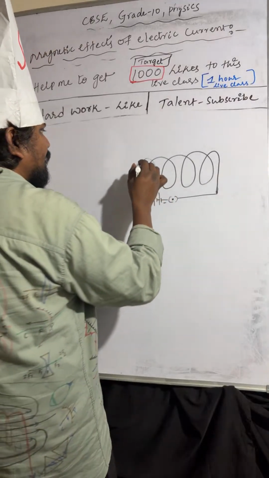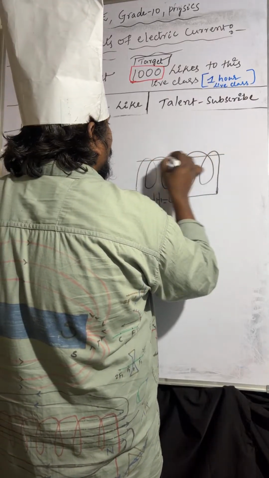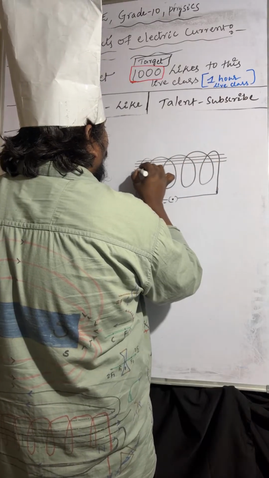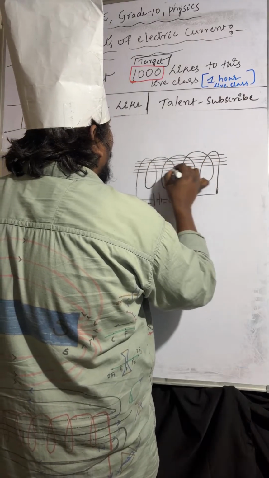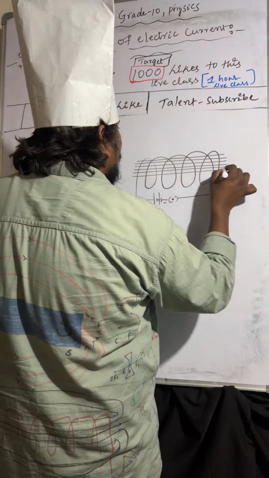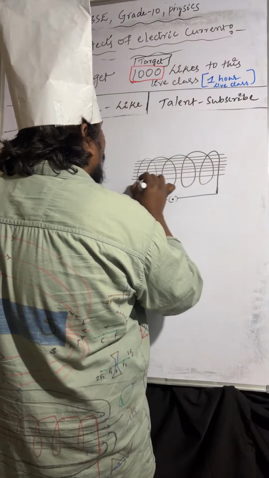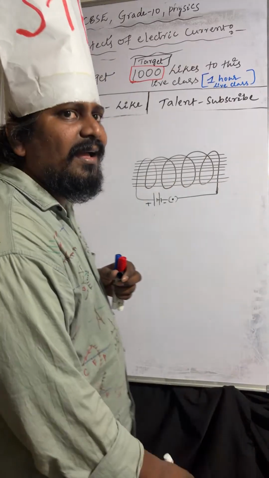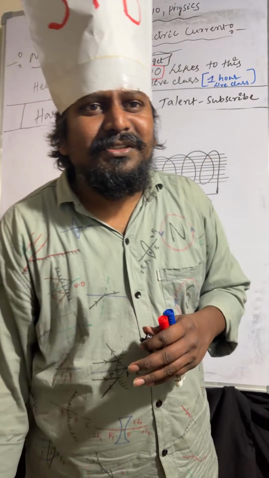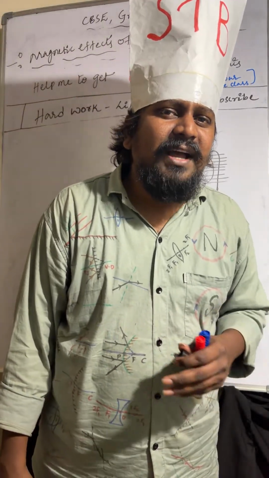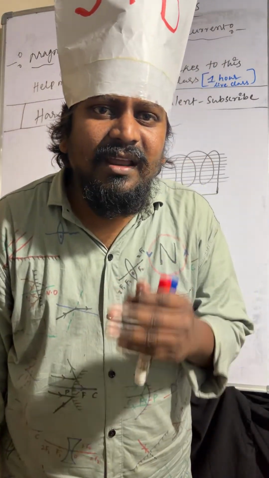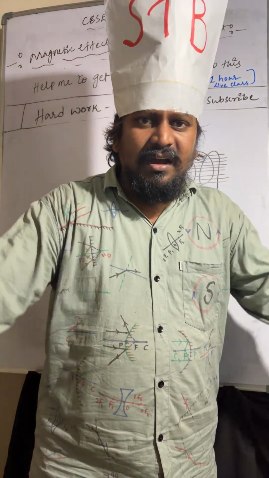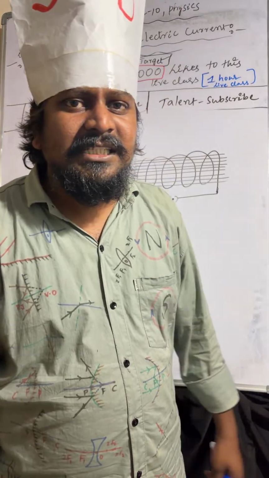So you can see here 1, 2, 3, 4, 5, 6, 7, 8, 9. There are 9 lines.